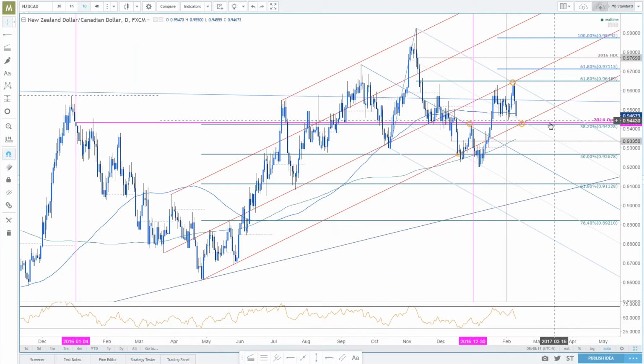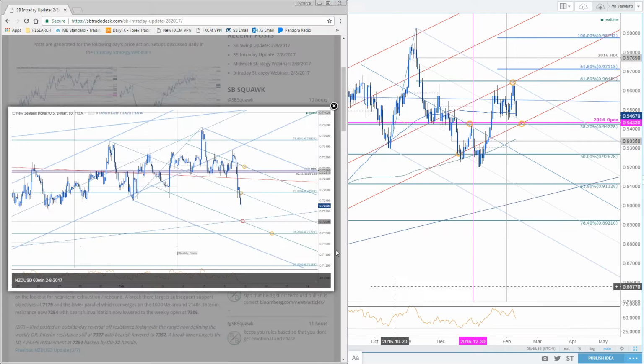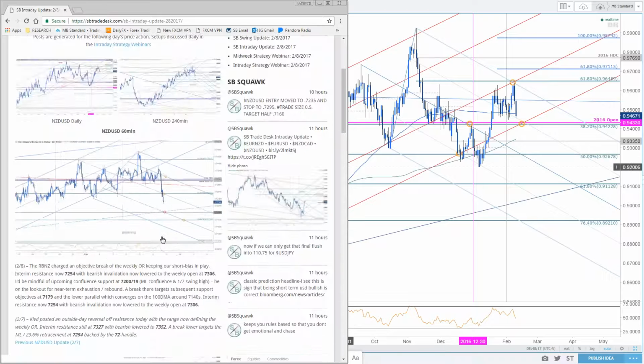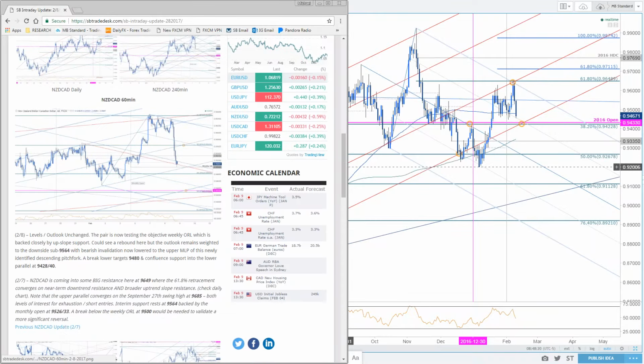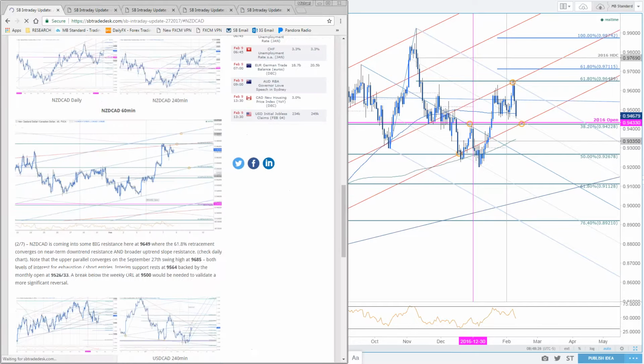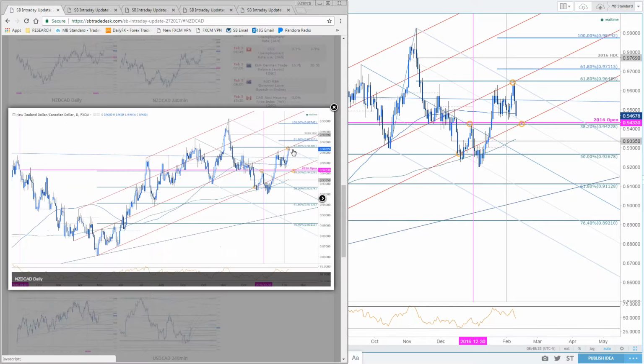Kiwi CAD looks like this, and the daily chart was something that we had highlighted a few days earlier. Here's what Kiwi CAD looked like yesterday. Here's what Kiwi CAD looked like on the 7th. Okay, and we just wanted to highlight this.